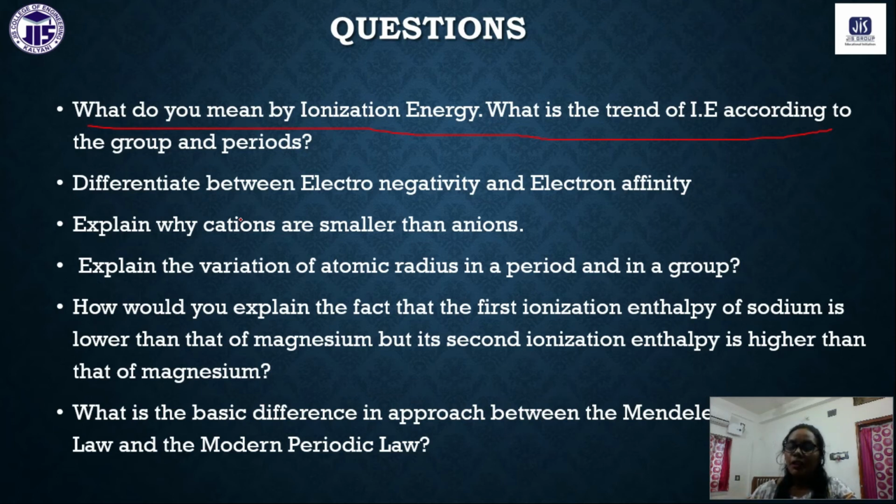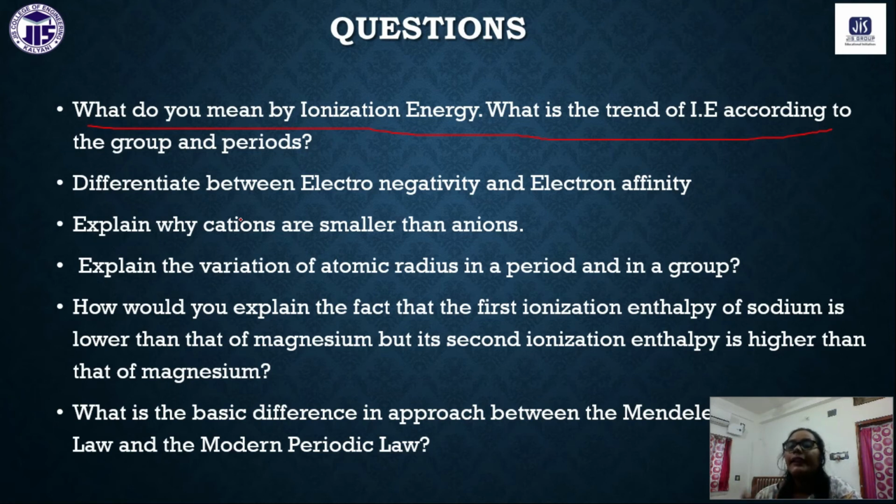This minimum energy that we are providing is called the ionization energy. And obviously the electron will be removed from the element in its gaseous, stable state. So this is the ionization energy or ionization enthalpy.